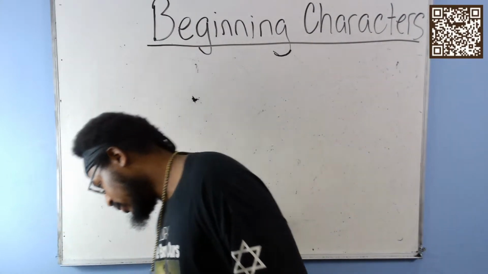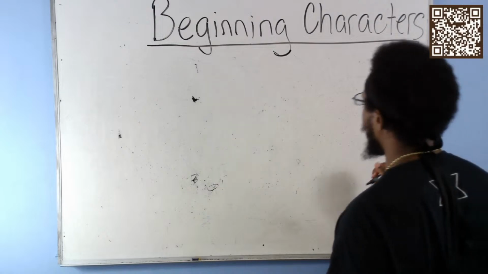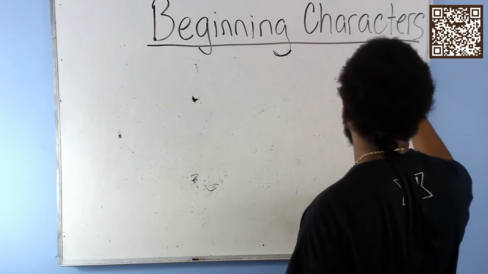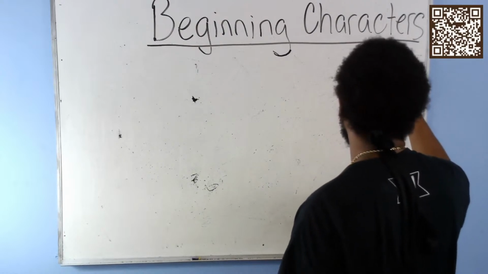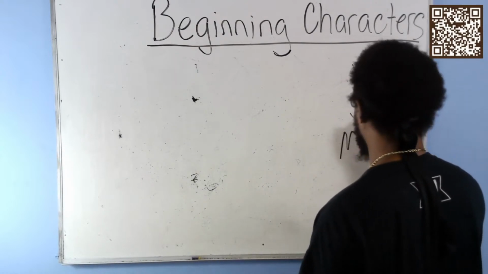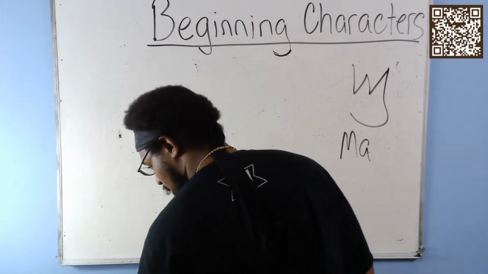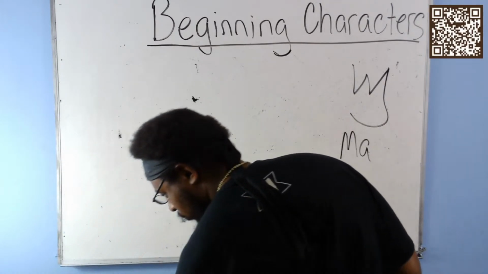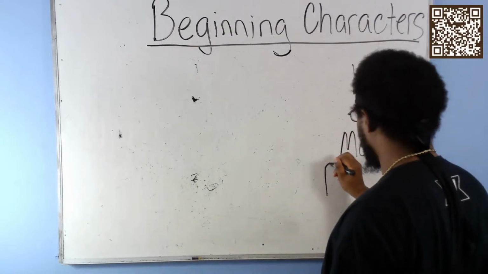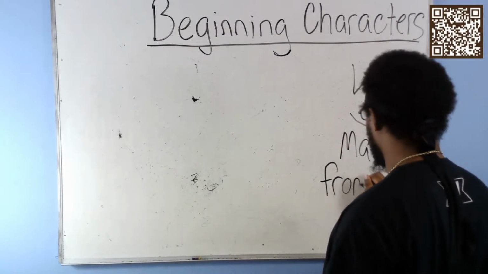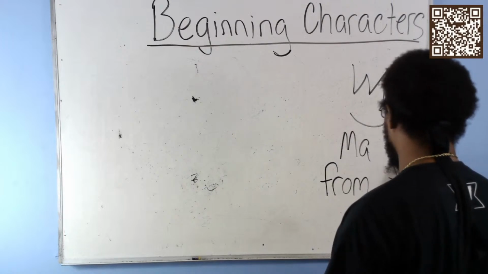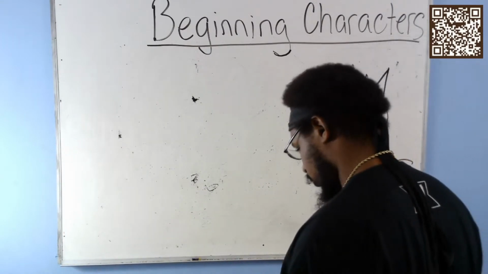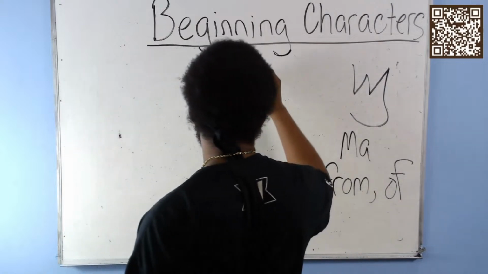We have three more characters. So we got Ma. Ma means "from" or "of." It's used as from or of. And then we got Na.